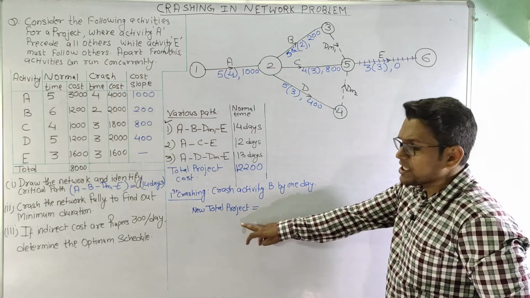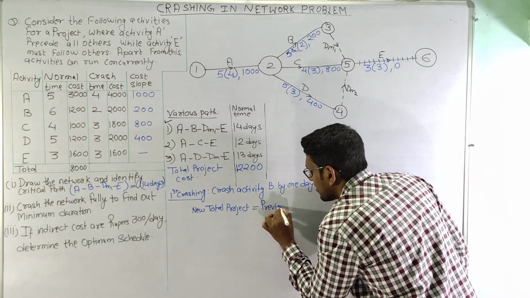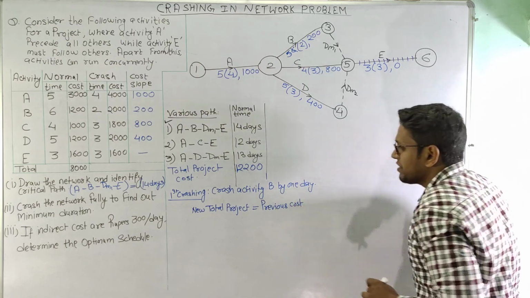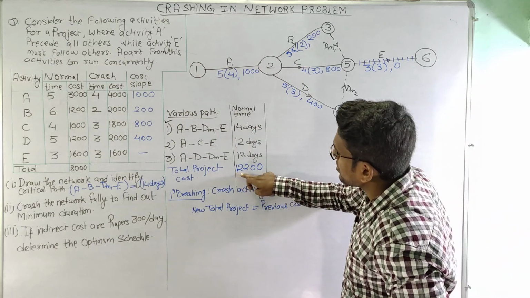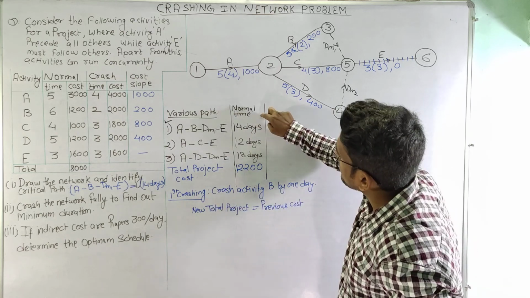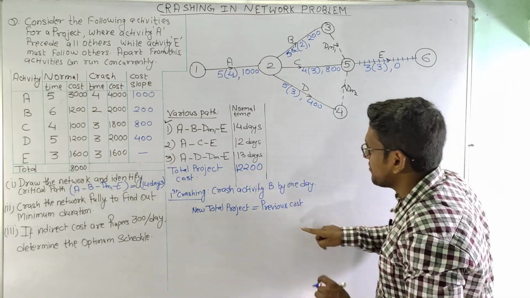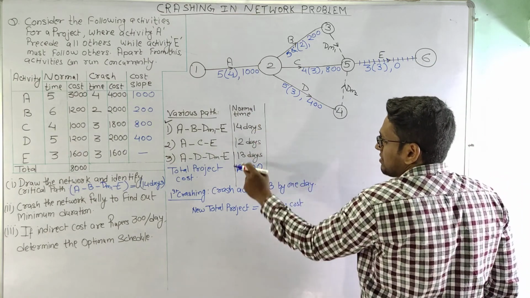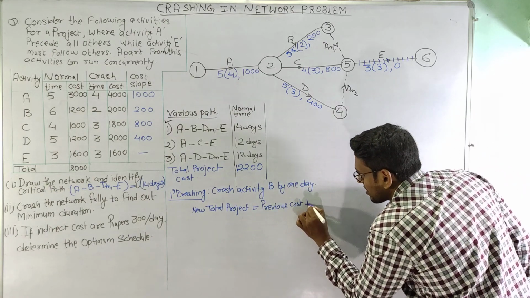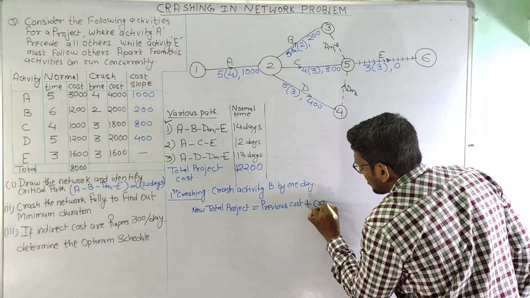The new total project cost can be given as the previous cost, which is the normal time cost. Before first crashing we have considered the normal time for total project cost. So the previous cost is, according to here, 12,200 plus the increase in the cost, that is the crash cost.